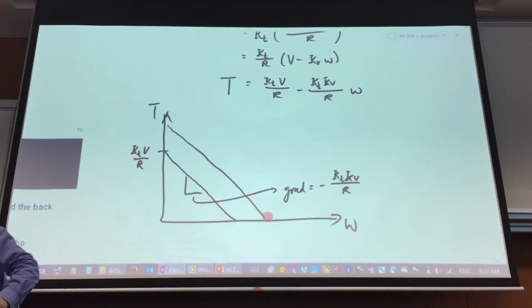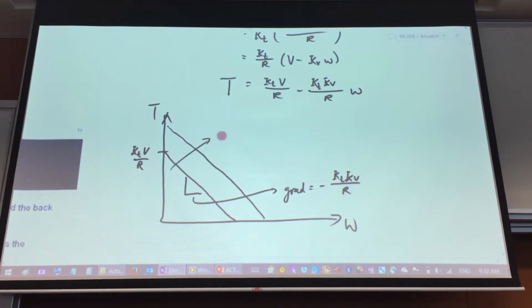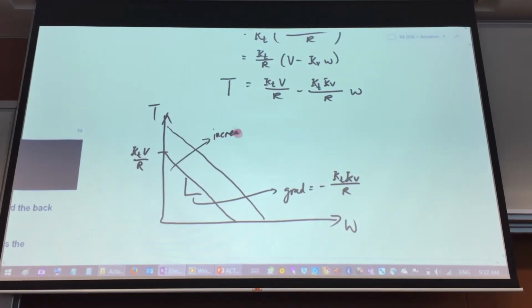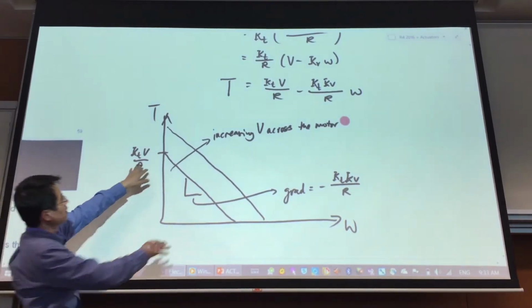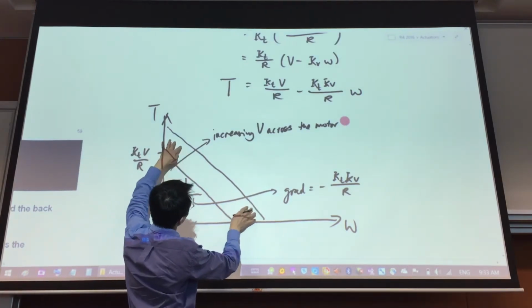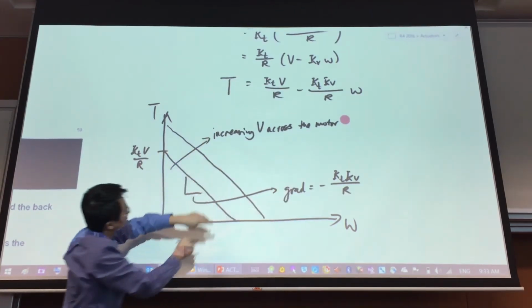This arrow is for increasing V across the motor. The more you increase it, the more this line would go up.